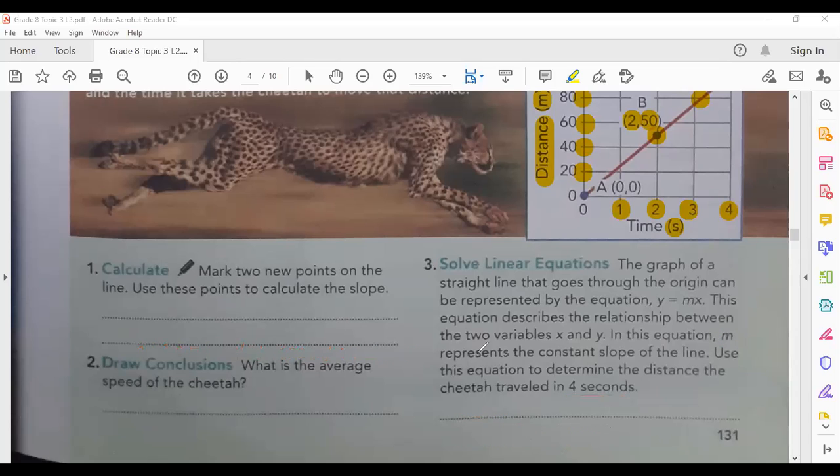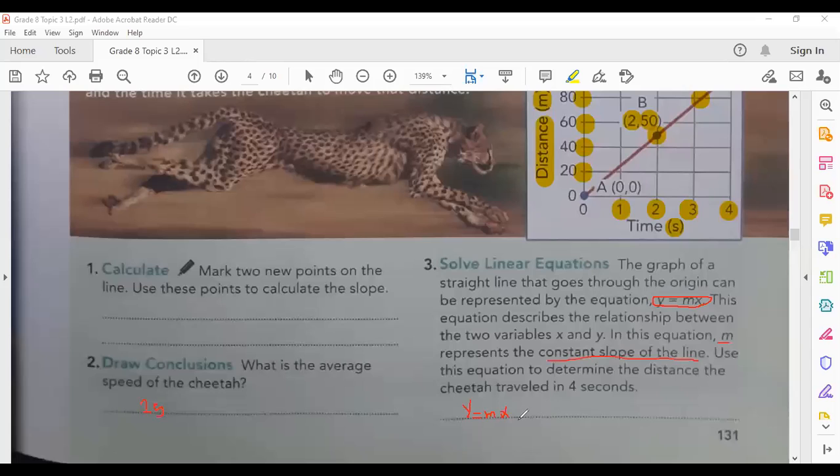Sorry, some of you didn't understand this part. For this straight line, y equals mx. Y is the distance, x is the time, m is the constant or the slope. M represents the constant slope of the line, and as you know the slope is the same as the average speed, 25. We found it here. Do you forget? So use this equation to determine the distance, which is y, the cheetah traveled in 4 seconds.